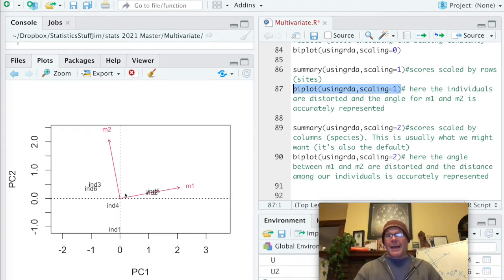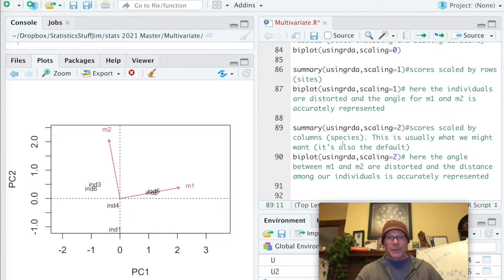But again, by doing that, which means that we want to be able to interpret this angle and the length of these arrows in regards to one another, to do that and project it onto the actual PC space, we are going to slightly distort the distances between 3 and 6 and 5 and 2 and 4 and 1 and so on. All of these distances among those fellas are being slightly distorted, so that way we can see with a very clear picture what's happening with M1 and M2.